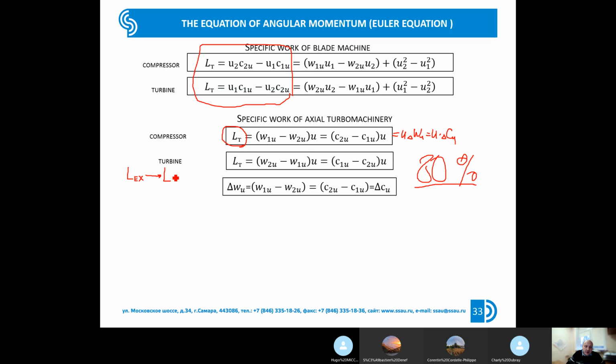And after that, using the blades, you transfer this energy to the flow.